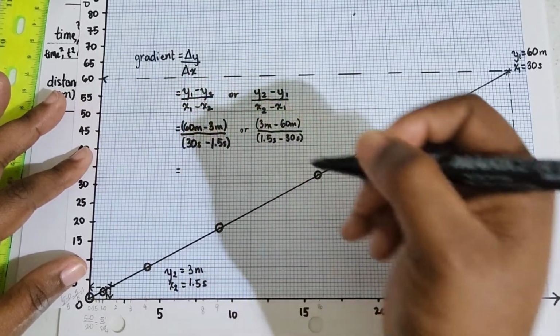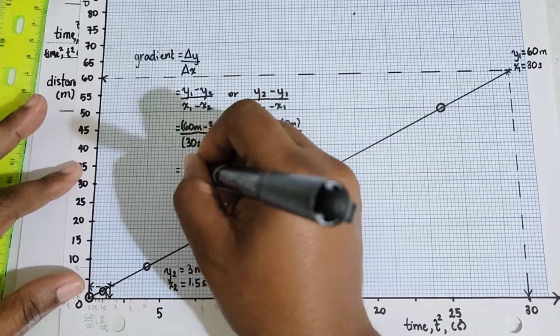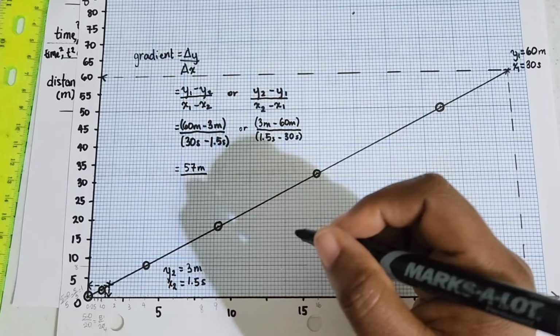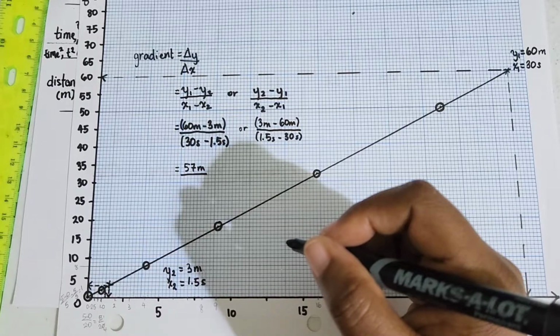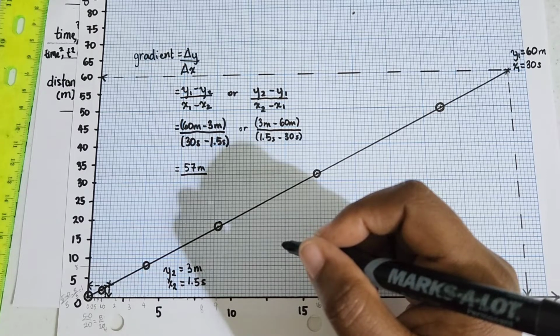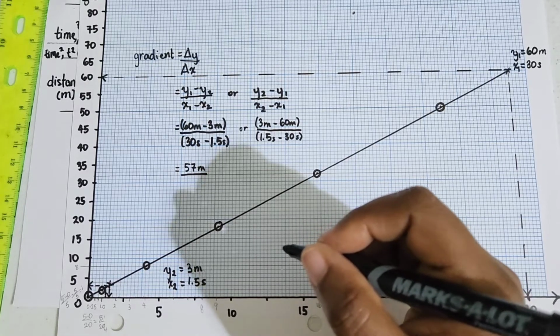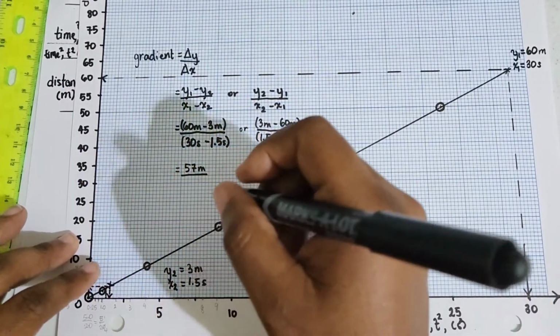Okay, so 60 minus 3 is 57 meters, and then we know that 30 minus 1.5 will be 28.5.